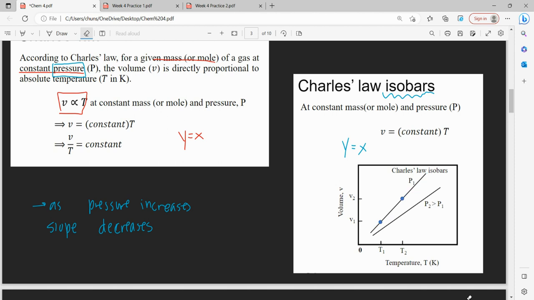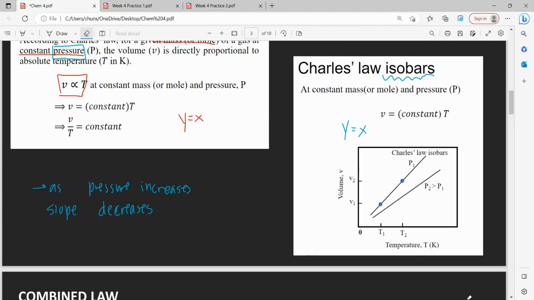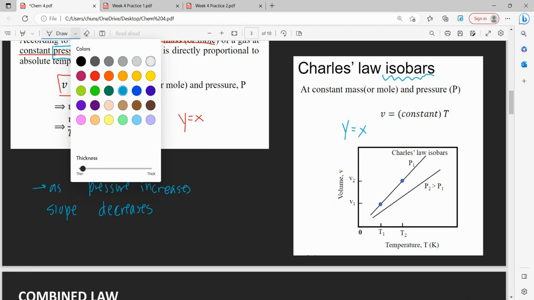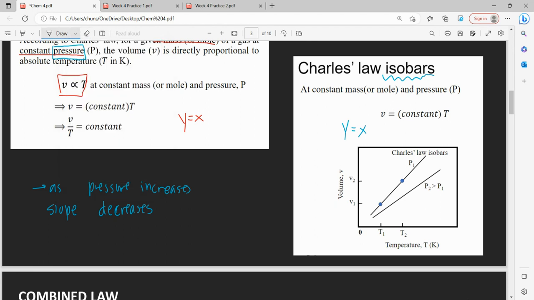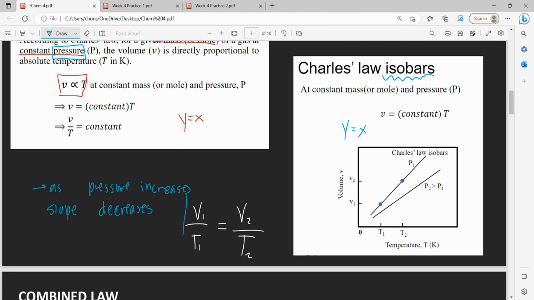So that is an isobaric process for Charles' law. And we represent it with this model here. So V over T is constant. So this is V1 over T1 equals V2 over T2. This represents our Charles' law.